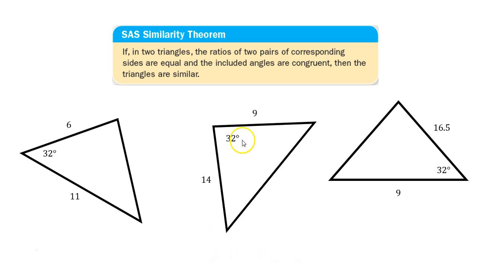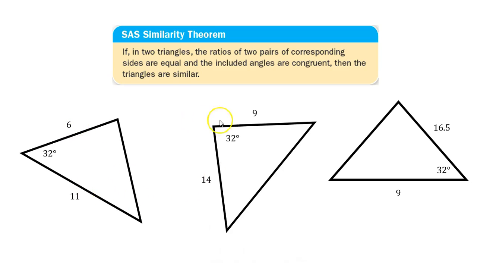They have to be congruent, but only two of these triangles are similar because now we have to look at the side lengths and make sure that the side lengths are proportional, that there is a multiplicative relationship between those side lengths that's the same between the two. So we have 6 to 11, from 6 to 9, 11 to 14.